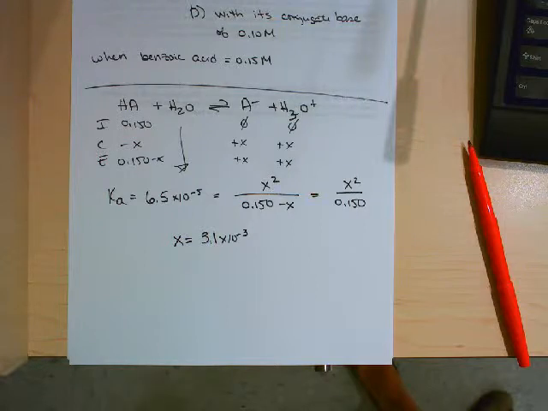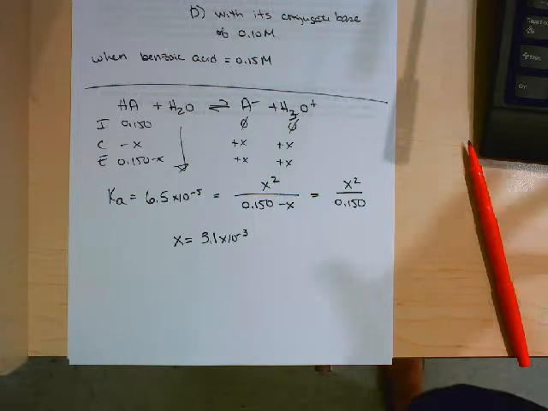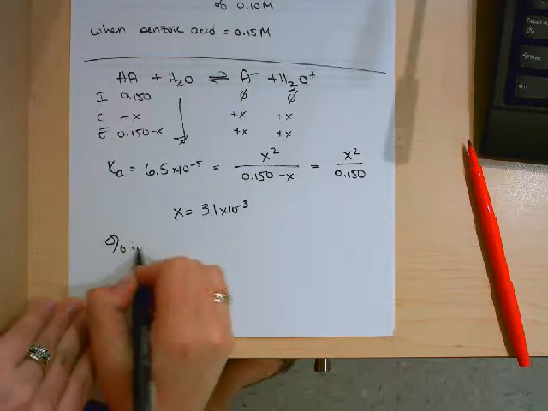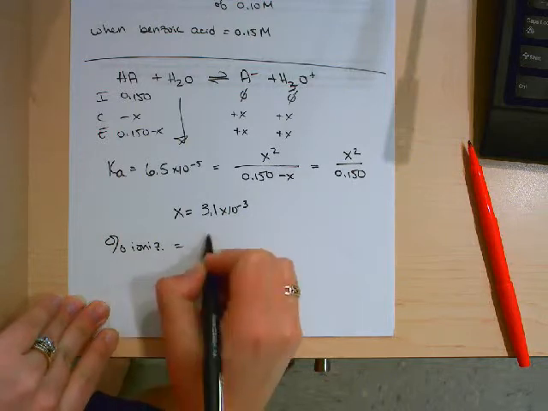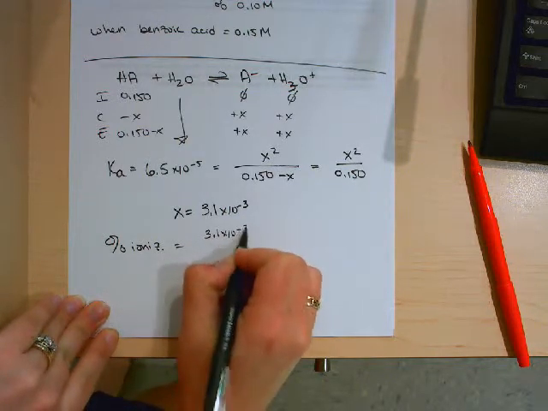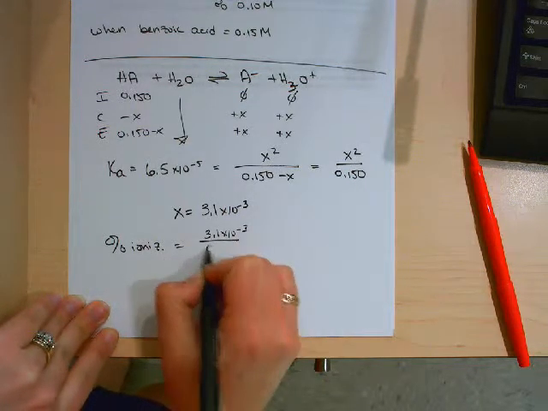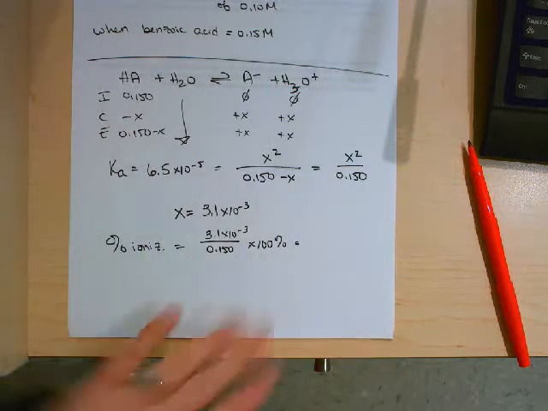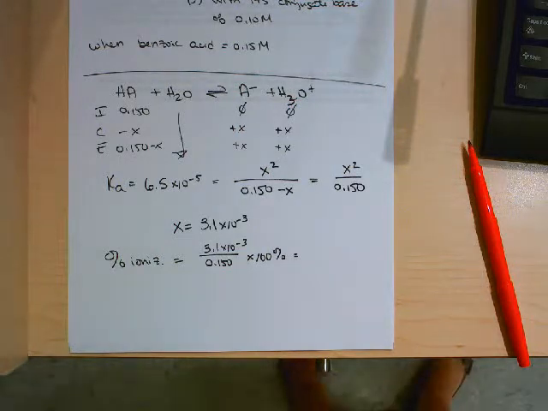Alright, I want to find that percent ionization, which is the same thing as the 5% rule. So how do I figure out the 5% rule? What do I do now? Percent ionization, 5% rule, same thing.